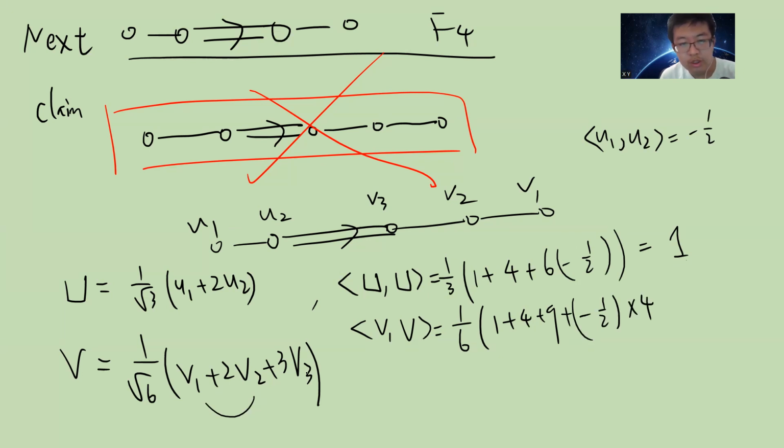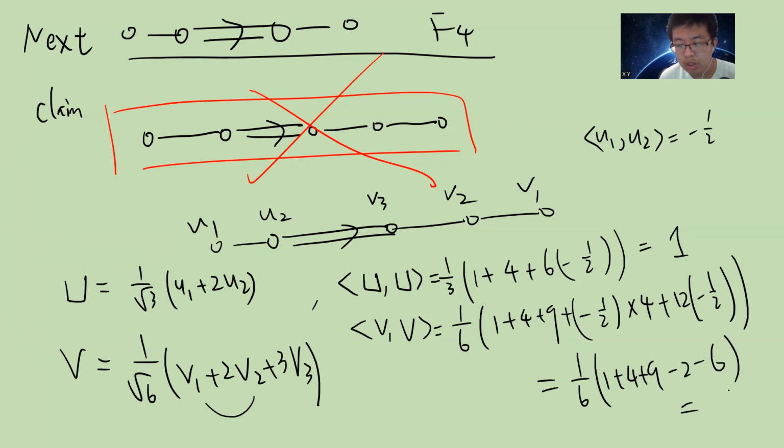And V1 and V3 are not connected, so nothing. And V2 and V3 are connected, so minus 12 half. So these are also 1 over 6. 1 plus 4 plus 9 minus 2 minus 6. So it's still 1. Okay, so they are unit vectors.